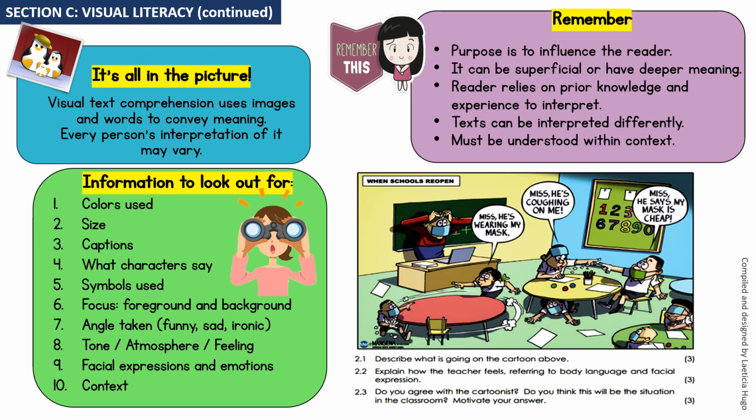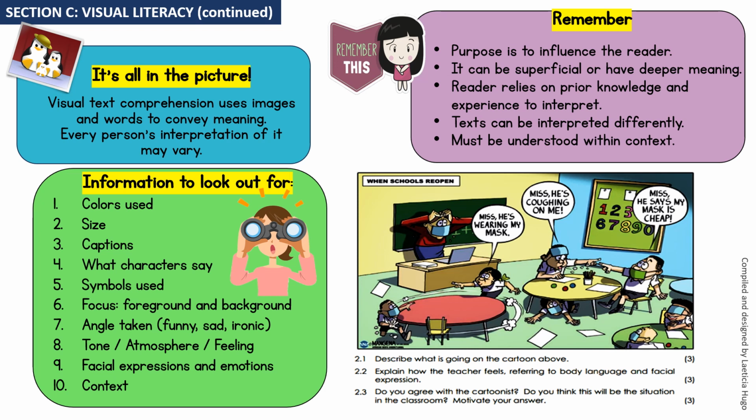Then tone, atmosphere, feeling. You can just have a look at this picture and you can realize, it's just a crazy scene. Kids are running around, there's papers everywhere, the teacher is like grabbing her hair. So you can immediately, by just looking at the picture, tell what the feeling is, the atmosphere, the tone of this text or this picture.